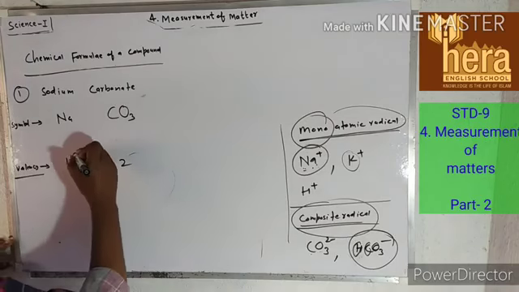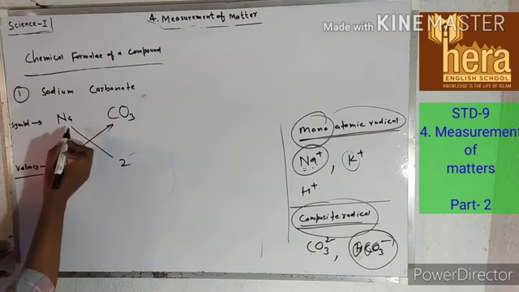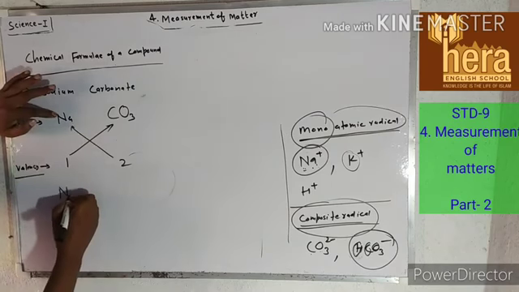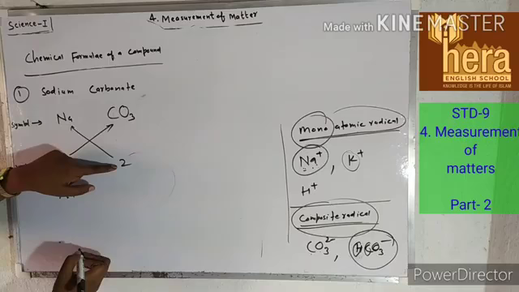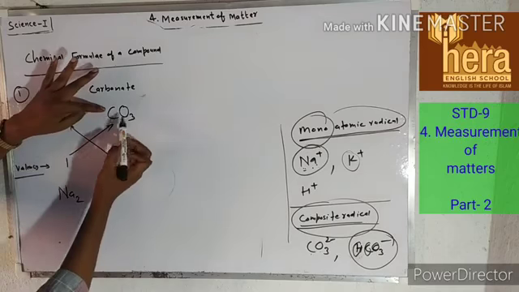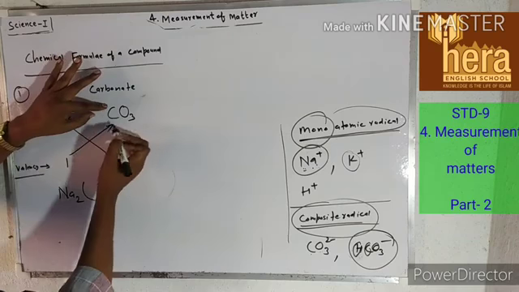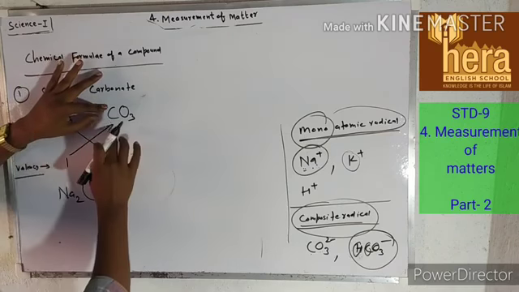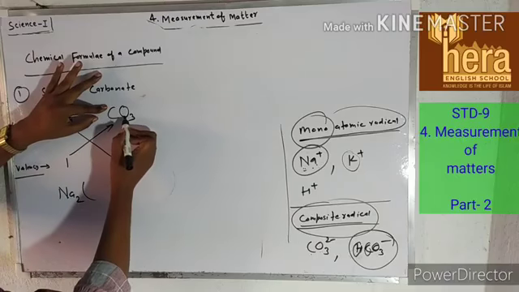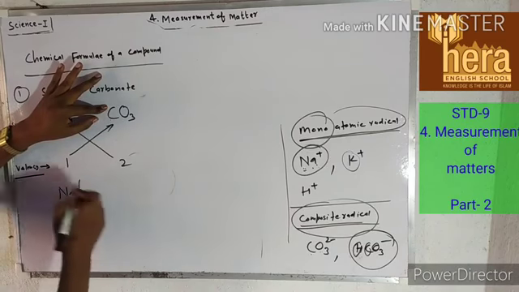Now cross multiplication. So we can write here Na2. If there is more than 1 different atom, then put a bracket. Since carbon and oxygen are there, 2 different atoms, you will put a bracket.